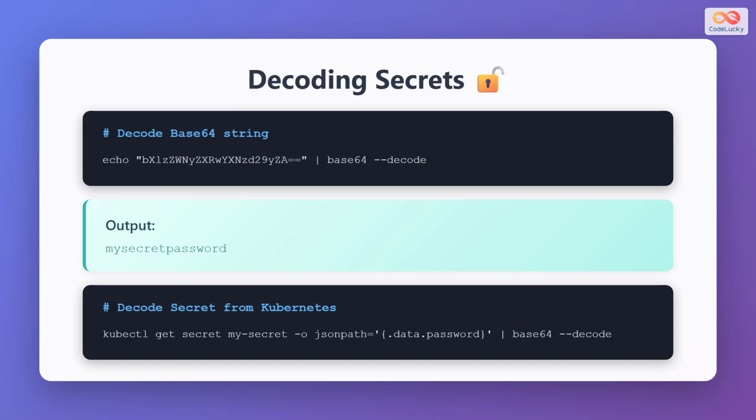You can also retrieve and decode secrets directly from Kubernetes using kubectl get secret, followed by the secret name, then -o jsonpath='{.data.password}', pipe to base64 --decode. This command fetches the secret and immediately decodes it for you.